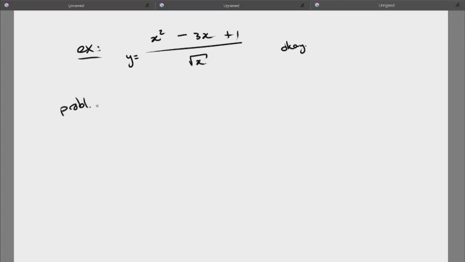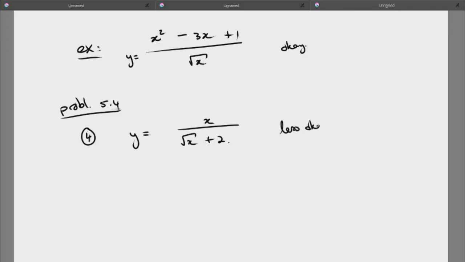But there are many, problem 5.4, I'll pick a random one. Let's go with 3. Let's not go with 3, let's go with 4. Where the denominator is more complicated in terms of having multiple terms, then it's less okay. I need more. I need a property.